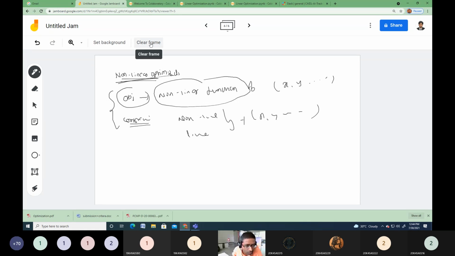Now, students, I hope you are clear on what we mean by a non-linear optimization problem. Our machine learning problems are mostly related to non-linear optimization problems. You may ask, why, sir, did we discuss the linear optimization problem until now? We have to understand what we mean by linear optimization and non-linear optimization.